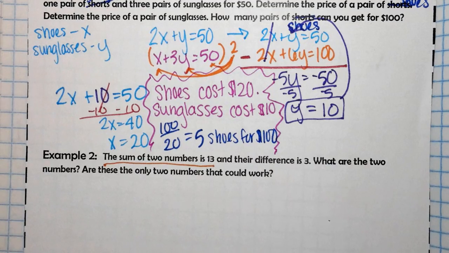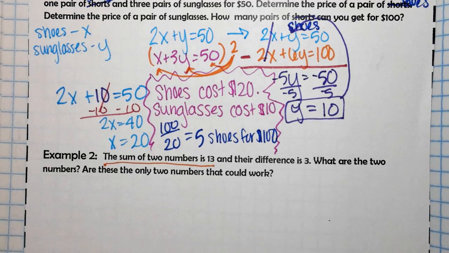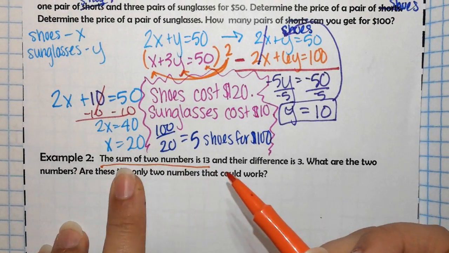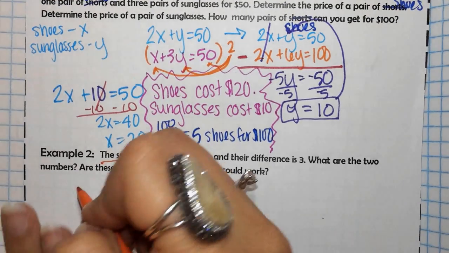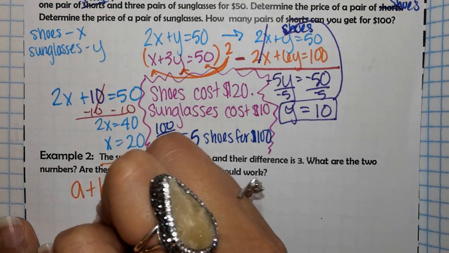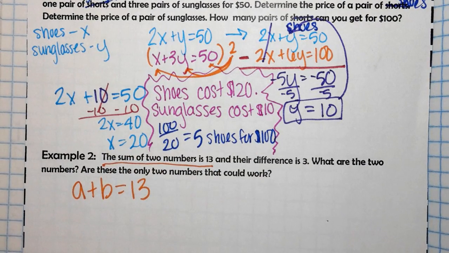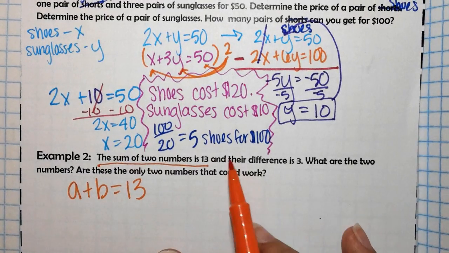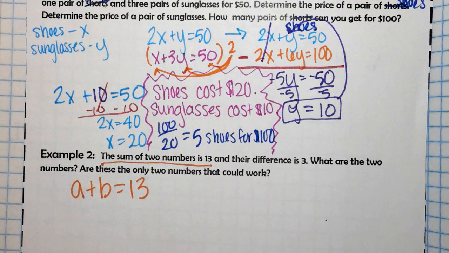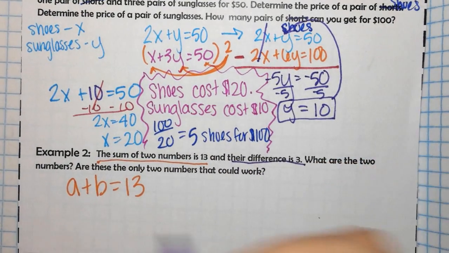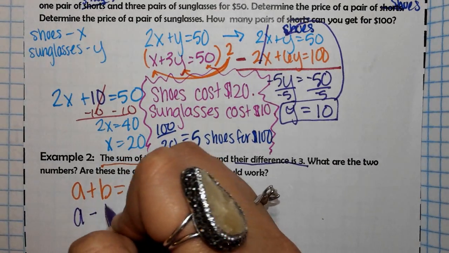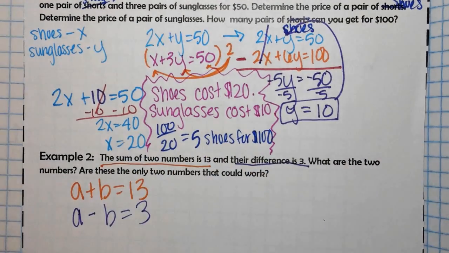So pick two letters, A and B. Sum means A plus B equals 13. Now we're going to use the same letters. What would we do for difference? Subtract. So A minus B equals 3.